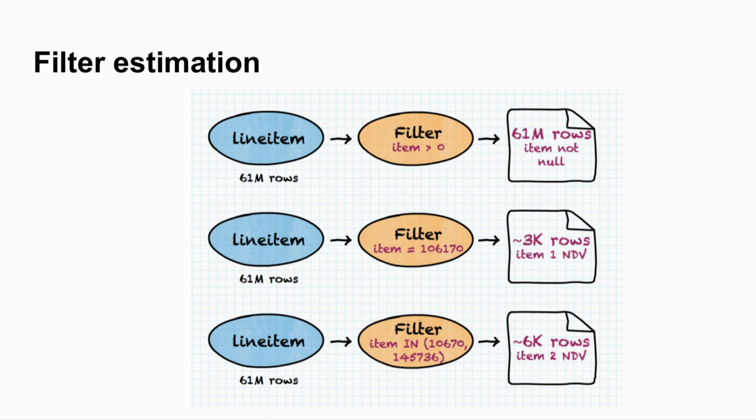and we can make use of this information. For the second case, we have a filter, and we're just asking for a specific line item with this number. Because we know how many different unique values for item there are in a table, we can make a determination that, assume there's no skew, for simplicity, we expect only 3,000 rows coming out of this table after application of that filter, right?